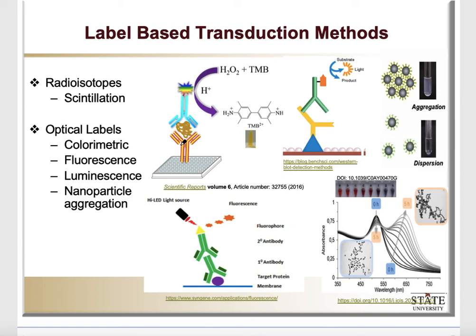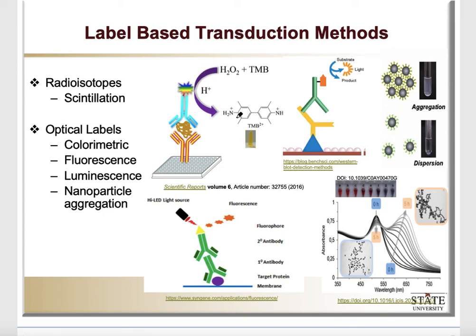That pathogen binds. We are then going to use another antibody that is labeled with an enzyme. That enzyme is not what gives the color, but that enzyme mediates the chemical reaction of a substrate, which in this case is TMB, or tetramethylbenzidine, which in the presence of the enzyme and in the presence of hydrogen peroxide would be converted into the cationic form of that substance, which is colorful.